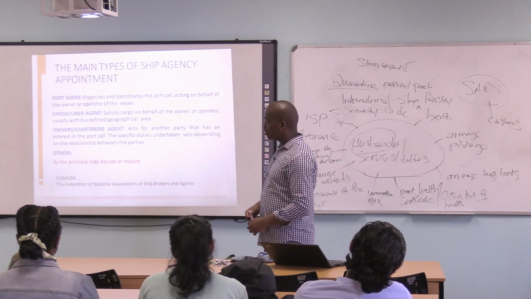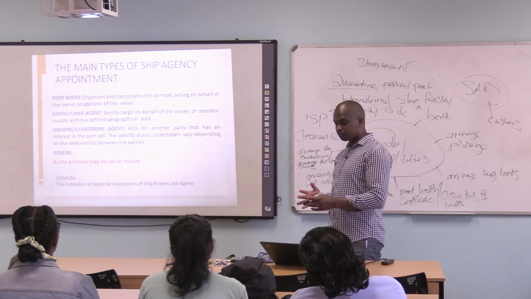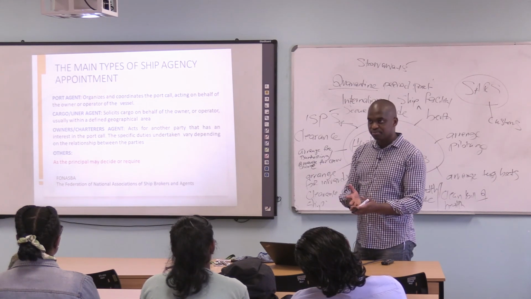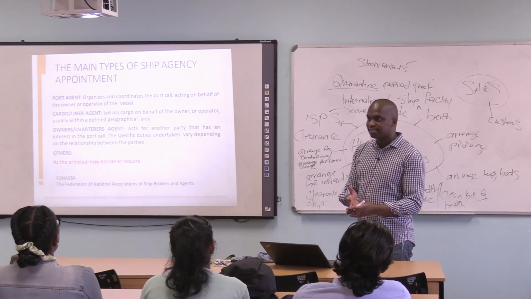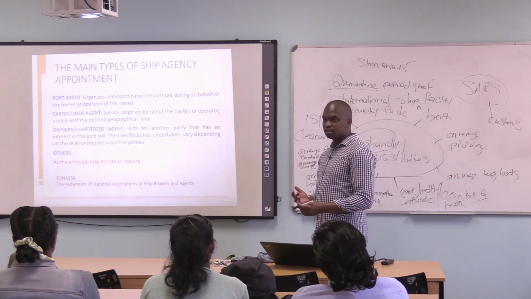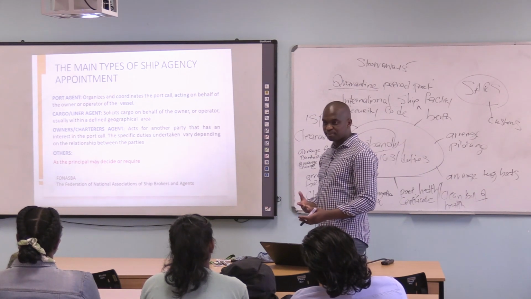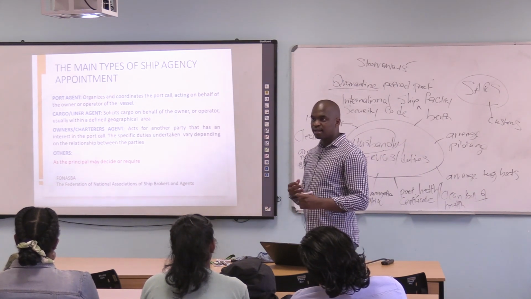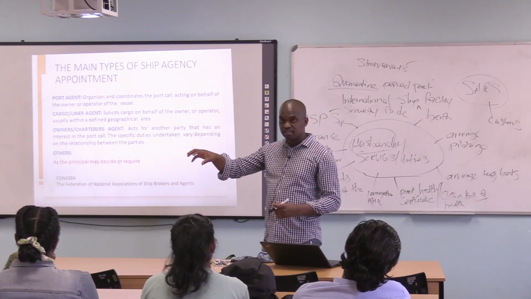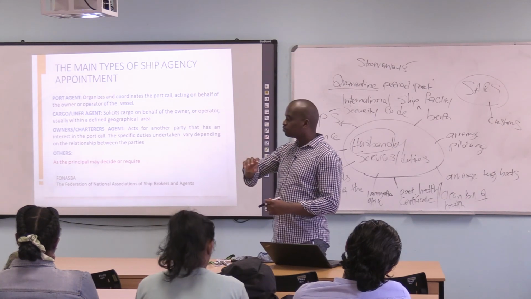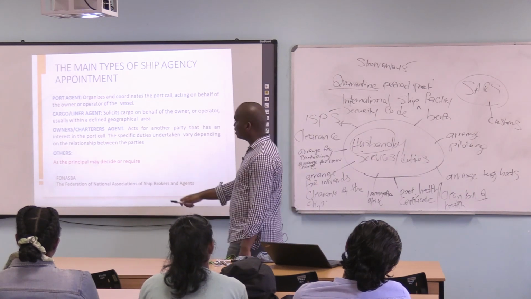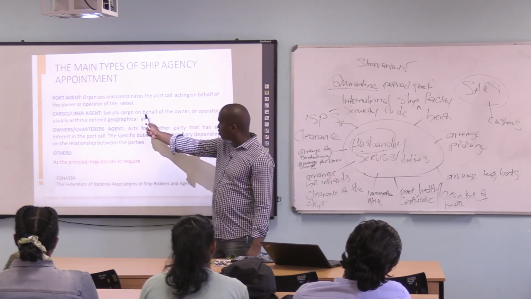Okay, so as a ship owner, you might have a ship, but that does not necessarily guarantee you the cargo that you would want to transport from point A to point B. So as an owner, you might want to have someone that is going to be responsible for finding cargo on your behalf. Hence, it says here, solicits cargo on behalf of the owner.